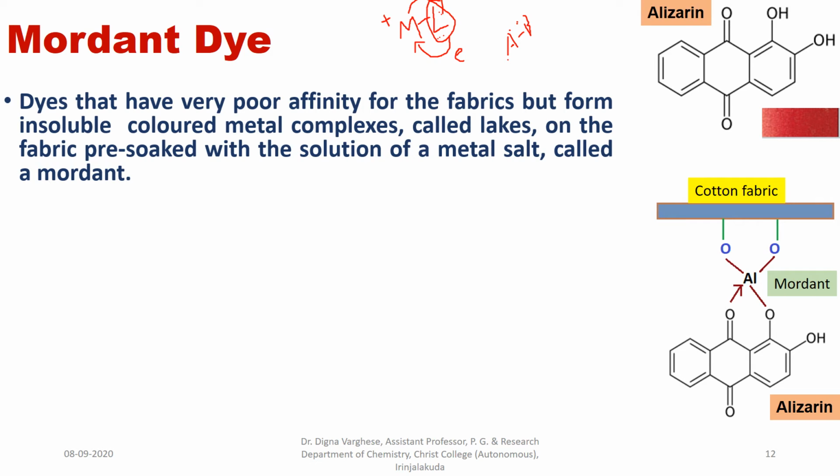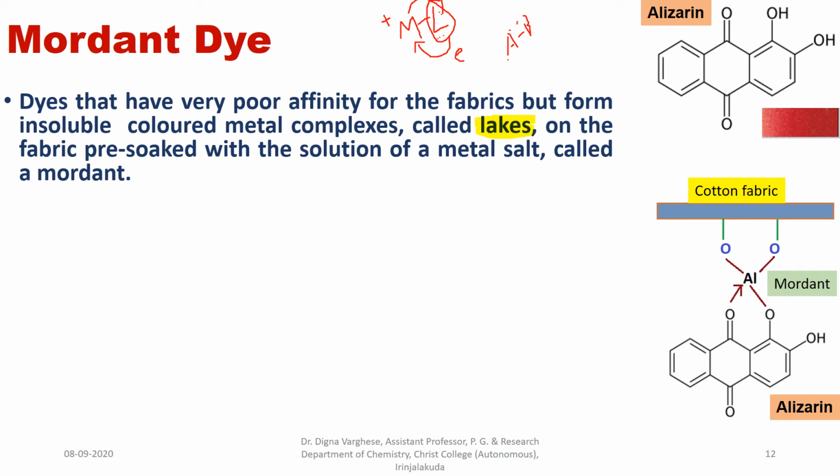So the mordant dye has a very poor affinity for the fabrics but forms insoluble colored metal complexes, known as lakes. These form on the fabric that is pre-soaked with the solution of a metal salt, called a mordant.